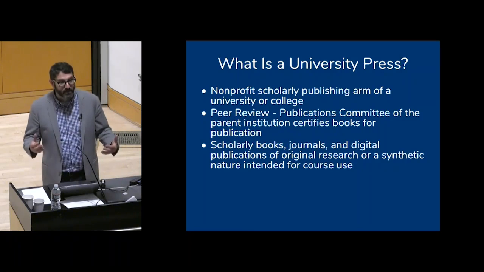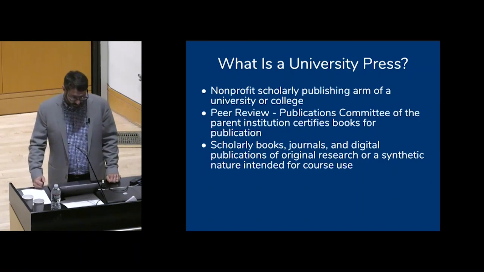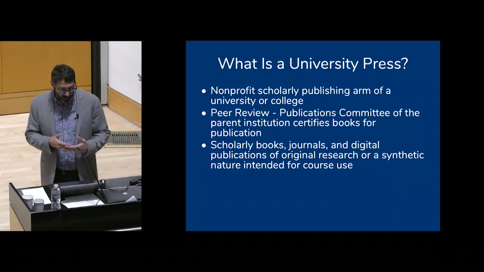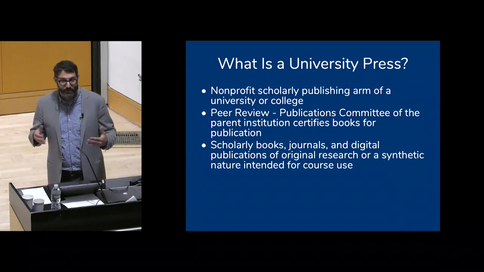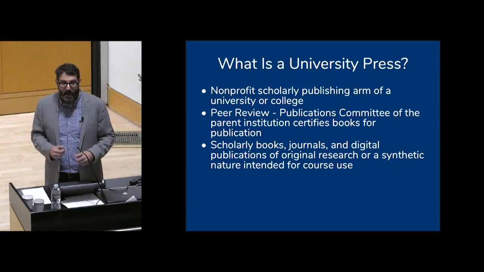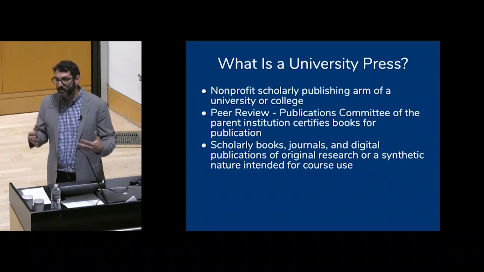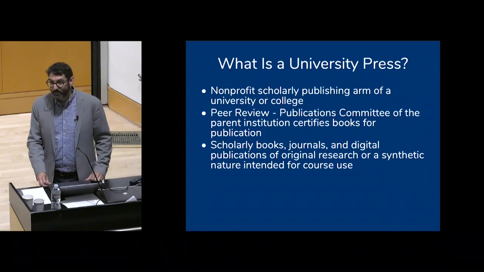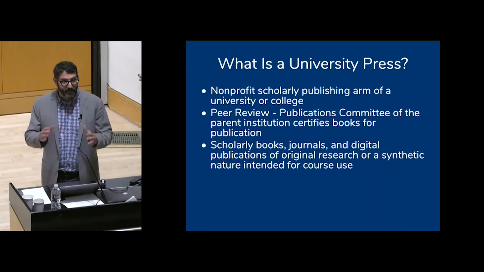So the first important question really is, what is a university press? What makes a university press different from another type of publisher? The first component is that a university press is the nonprofit scholarly publishing arm of a university or college. I'm actually an employee of Columbia University. Columbia University Press is a unit of Columbia University, and this is the case for most university presses. Some have independent relationships.